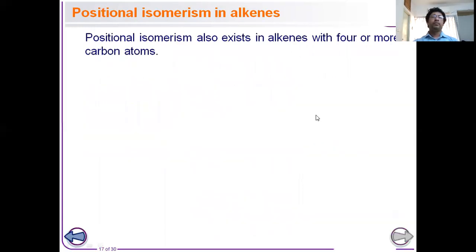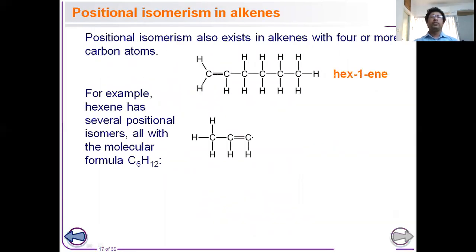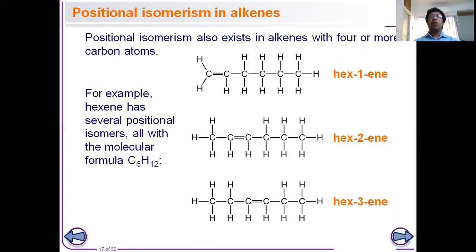Then more examples. For alkenes, all are hexene, with molecular formula C6H12. But you can see the position of the double bonds are different in different molecules.